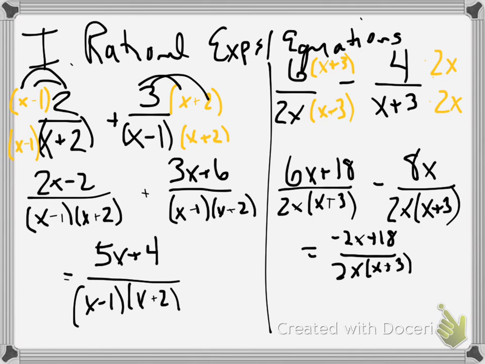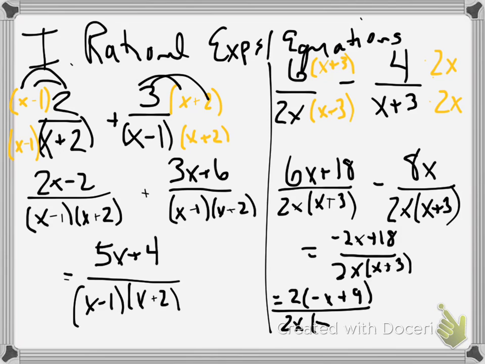Now we can actually reduce this. Be careful though. Fight the temptation to just cross out those two x's. You can't do that, because you can only cancel out common factors from the top and the bottom. So the key is going to be to factor the top and see if there's something that I can cancel. Since I have a negative 2x and a positive 18, I can take out a 2 from both terms and be left with just negative x plus 9.